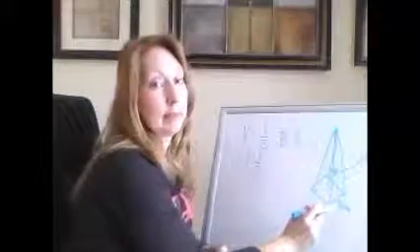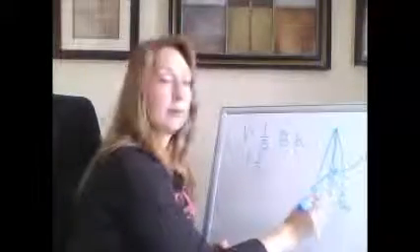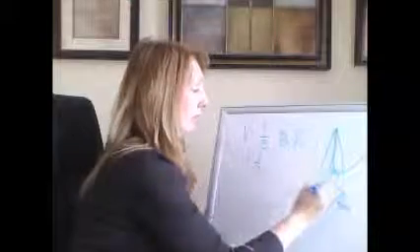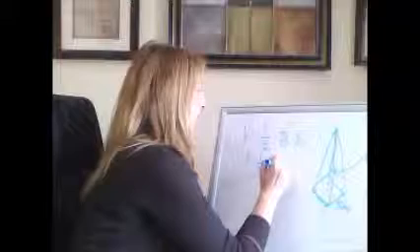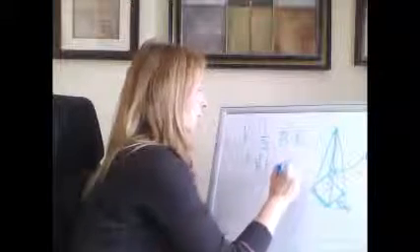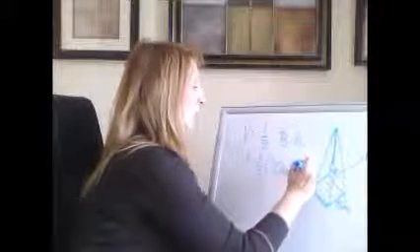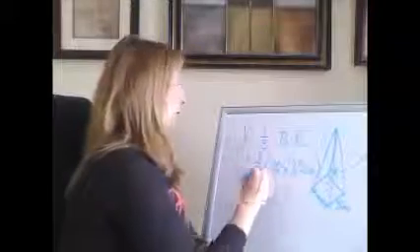So my base, this is a little bit easier because it's a square, the area of my base is going to be 5 times 4 sides there, which is 20. So that's 20 square inches times the height, which is 12 inches. So I need 1/3.